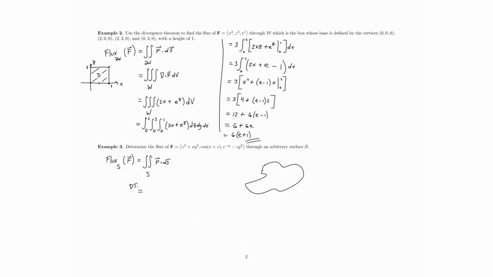And I'm going to go ahead here and insert closed surface because the divergence theorem says we need it to be closed. So let's just pretend that was added in there. Need to rewrite these notes. The divergence theorem says that we can interpret the surface S as the boundary of some solid volume in three-dimensional space.